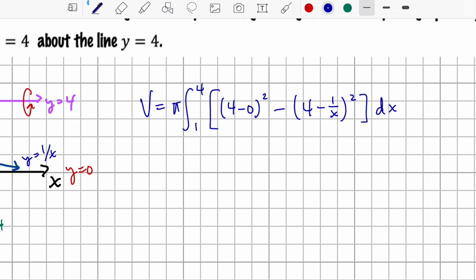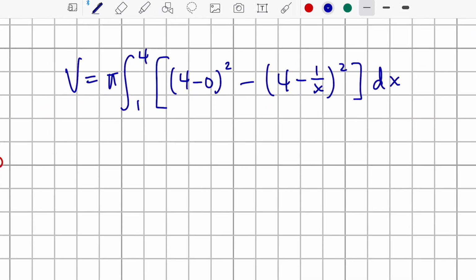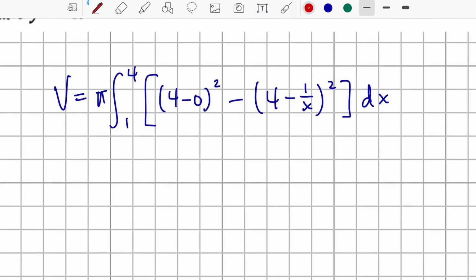dx. Now let me just simplify things a little bit. Since this is a calculator problem, it'll be pi integral from 1 to 4. Now 4 minus 0 is 4, and 4 squared is 16. So 16 minus, we're going to keep this one in the parentheses.